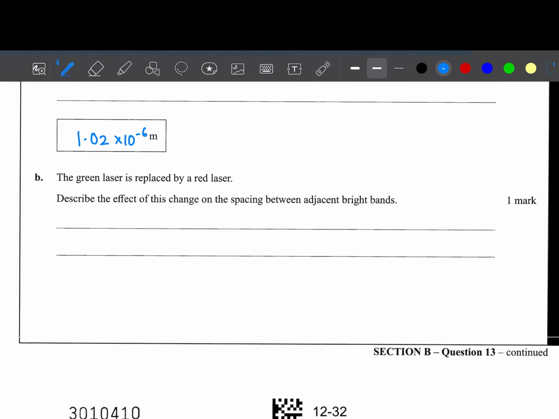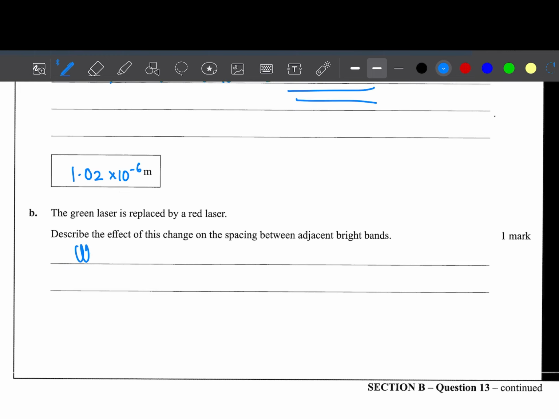So we can say that the wavelength will increase and hence the spacing will also increase.